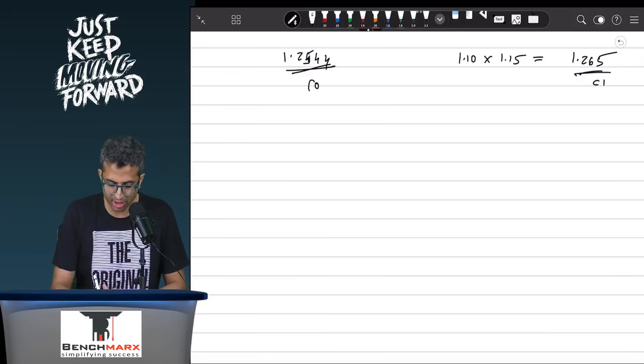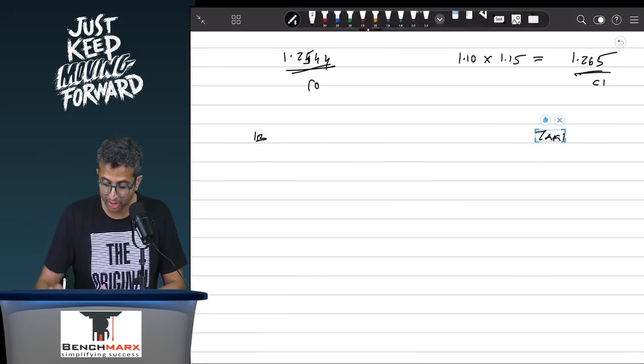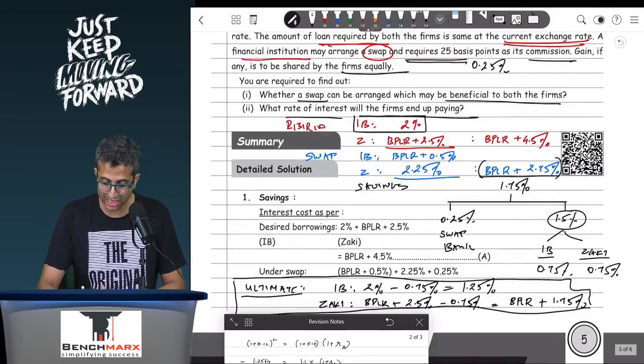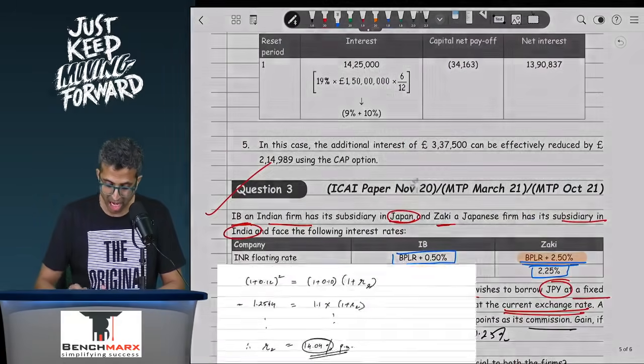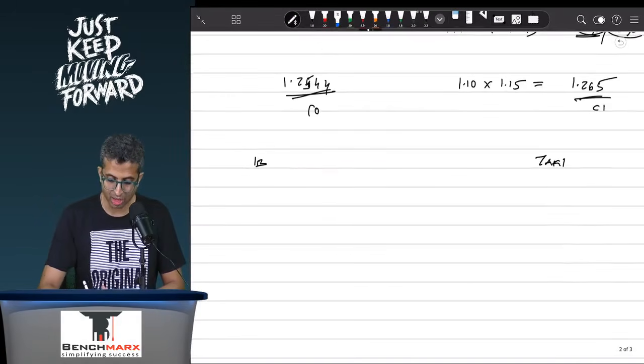So over here, if I look at IB and Zaki, and let us say they have agreed to the swap. Well, if they have agreed to the swap, then IB will have to borrow, as you see over here, at BPLR plus 0.5%. So IB will borrow, and the cost that IB will have to pay is BPLR plus 0.5%.